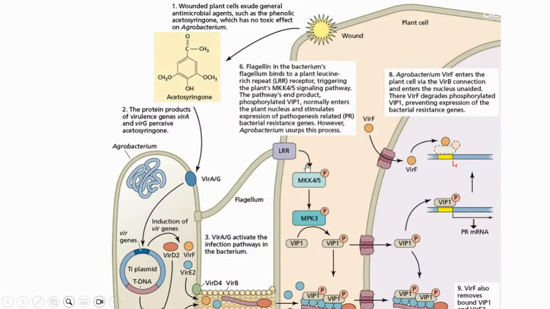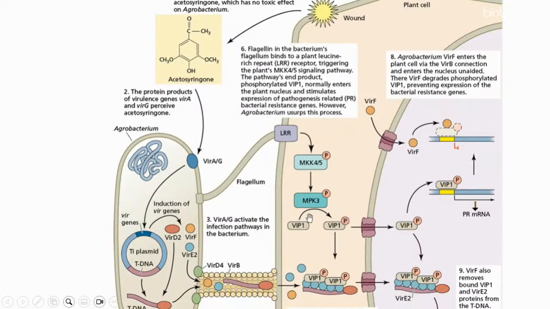Once they are activated, they will trigger a signal transduction pathway known as MKK4/5, whose end product will be phosphorylated VIP1. This end product is of utmost importance. Why? It can enter the plant nucleus and can stimulate the expression of pathogenesis related bacterial resistance genes.